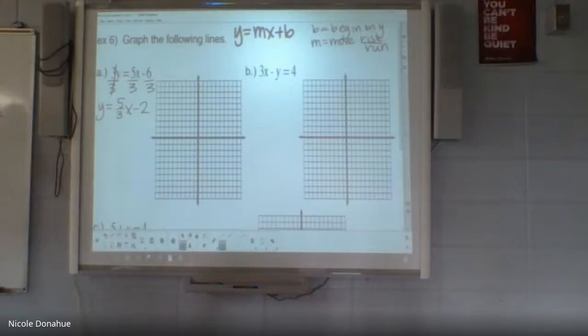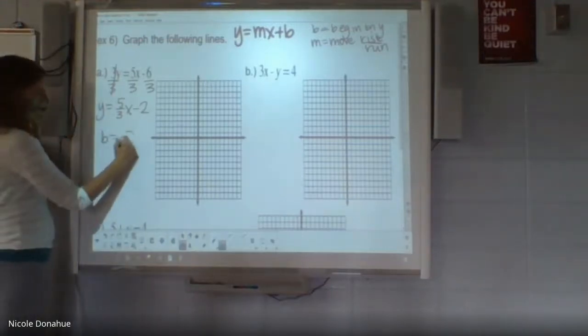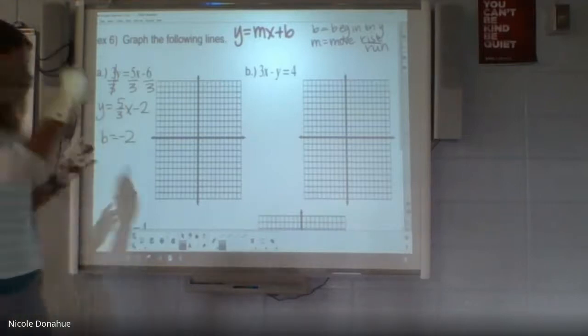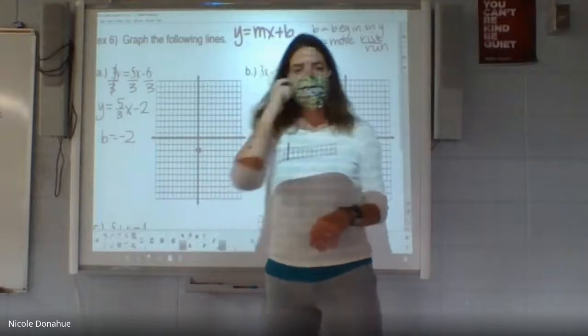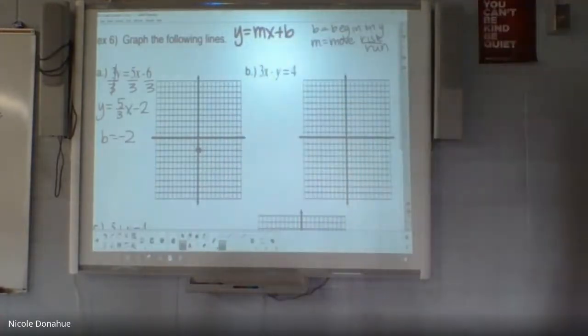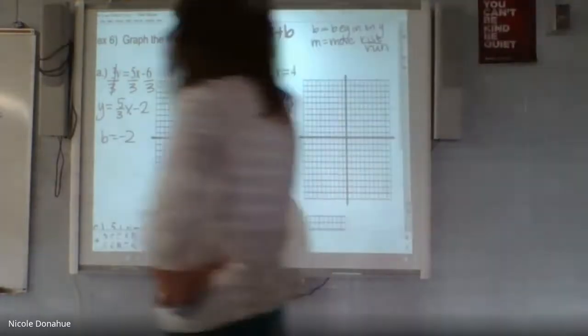So where are we going to begin here? We begin at, yeah, Bella, -2. And again, that's on the y-axis, the vertical axis. We're going to begin at -2, and then we're going to use the slope to move from that point.